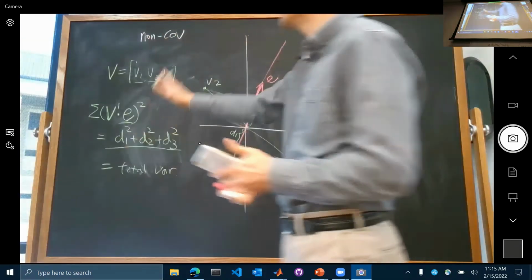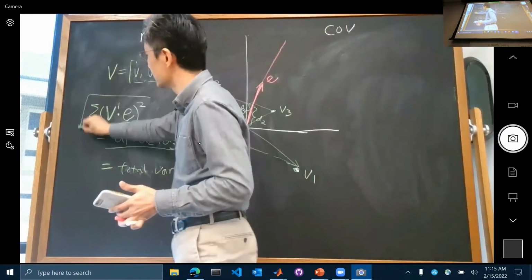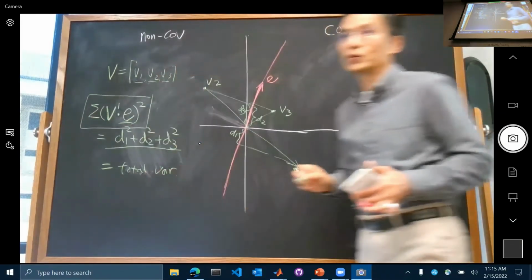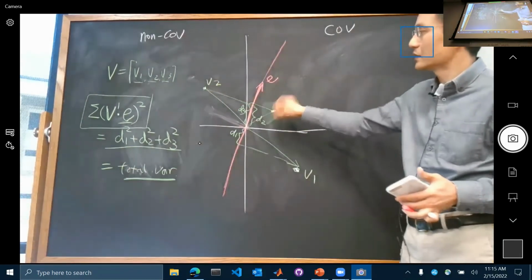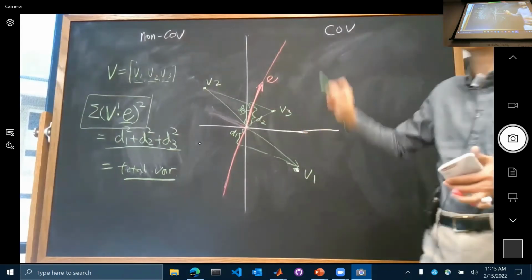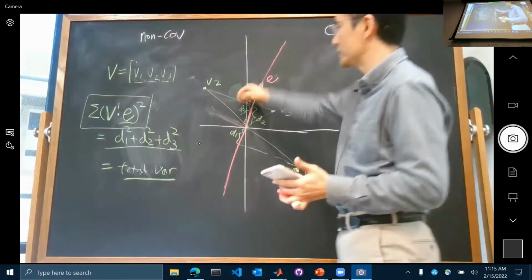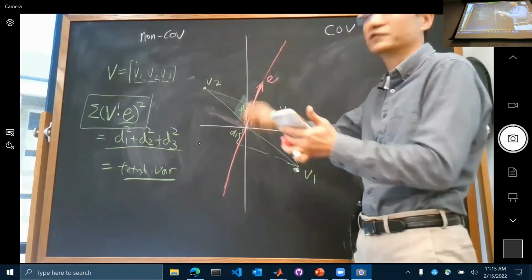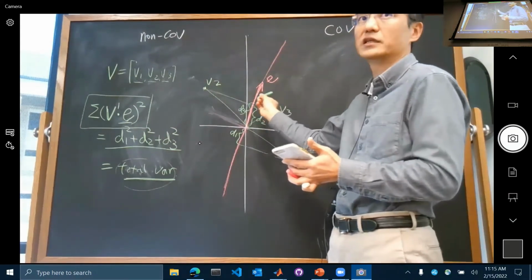Okay, so I use this left side and this equation to compute the total variance of my data points projected onto my E, which is my randomly selected new coordinate system. I can try different E. It doesn't matter. My total variance will change once I change E. Right?